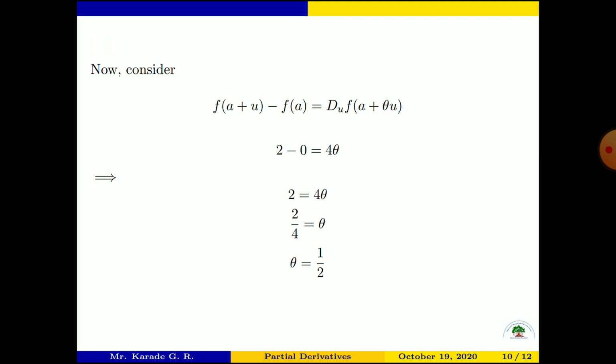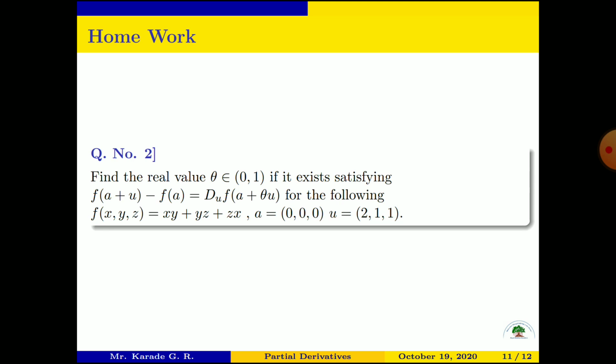Now based on this, let us take one example as homework for you. Question number 2: find the real value theta in 0,1, if it exists, satisfying the condition f of a plus u minus f of a is equal to du f of a plus theta u for the following function.